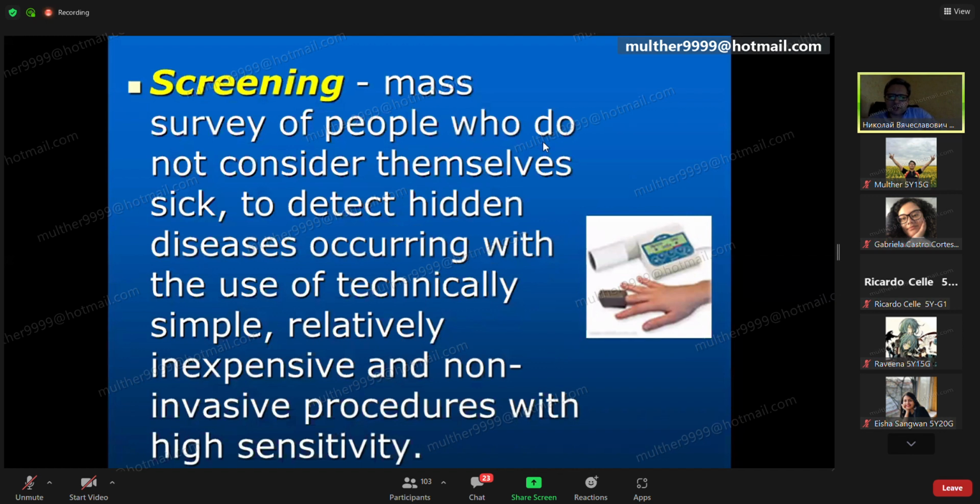So screening is a very popular, relatively cheap and very widespread mass survey of people who do not consider themselves sick. This procedure we use to detect hidden diseases, with the use of technically simple, relatively inexpensive, and non-invasive procedures with high sensitivity.